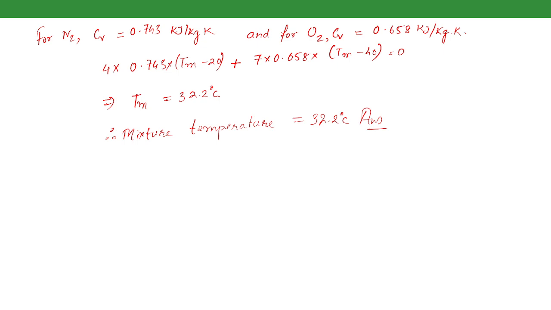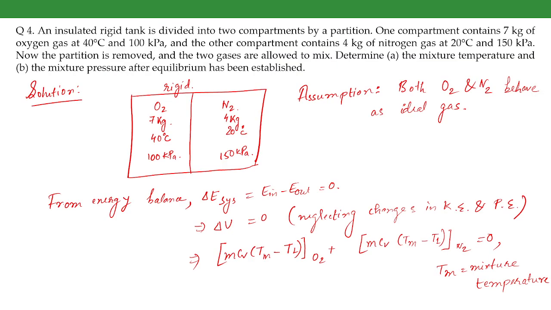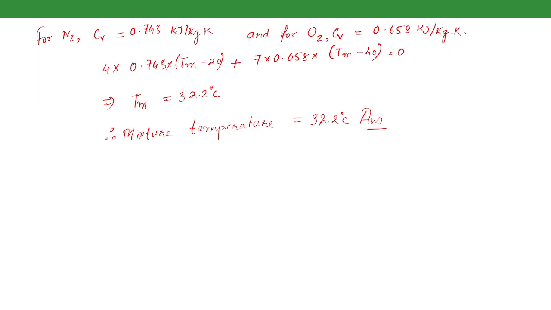Now, what do we need to determine? The mixture pressure after the equilibrium is established. For pressure, the number of moles of oxygen will be the mass of oxygen divided by the molecular mass of oxygen.